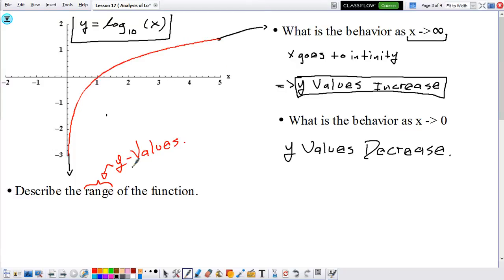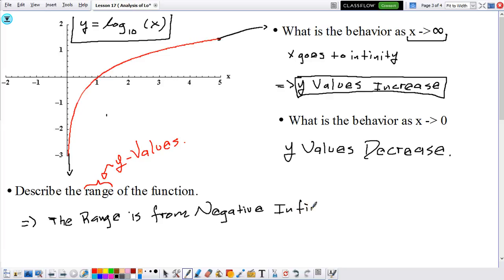So what is the range of the function? So we say that the range is from negative infinity to positive infinity.